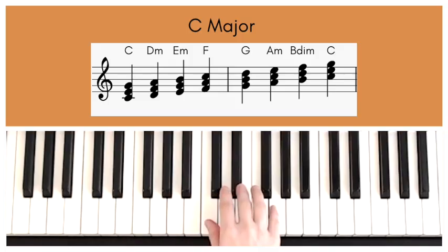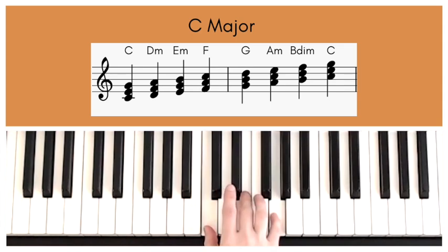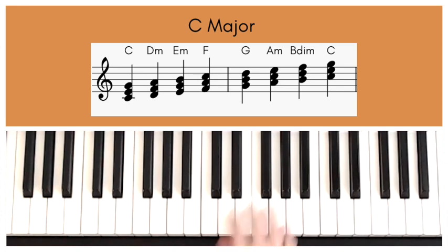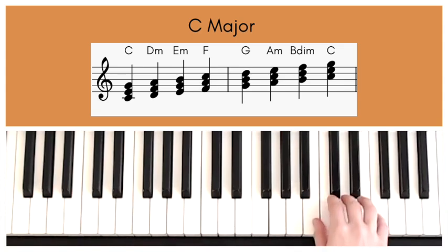For example, in C major, the chord starting on the first note, C, the fourth note, F, and the fifth note, G, are all major triads. In between, we have the chord starting on the second note, which is minor, the third note, which is minor, the sixth note, which is minor, and the seventh note is diminished.